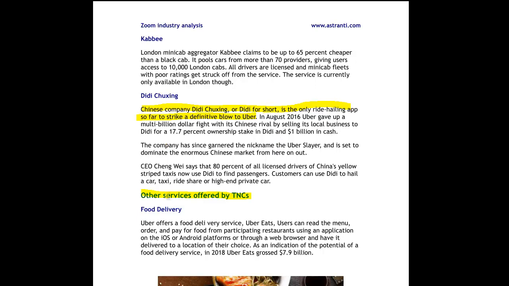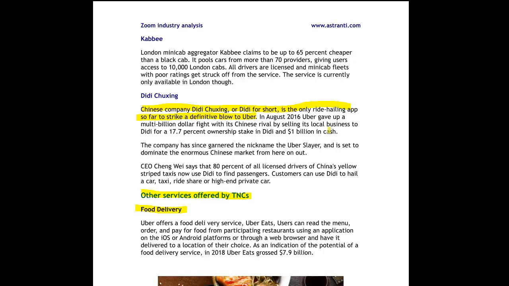Now, the first one I want to look at is food delivery, and the main contender here is Uber Eats. Using an app, the users can read the menu of restaurants, pay for the food through the app, and then Uber Eats bring the food from the restaurant to the user's location.